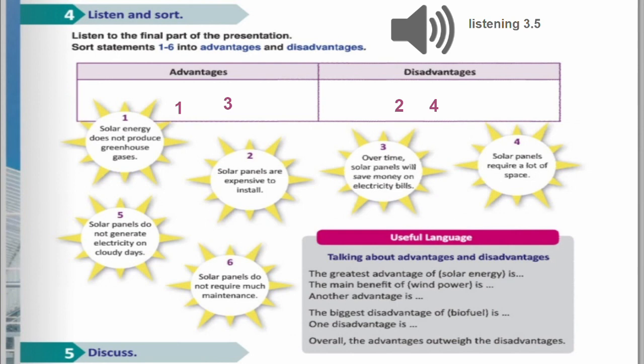Number five, solar panels do not generate electricity on cloudy days. This is something negative. And finally, number six, solar panels do not require much maintenance, and this is something positive.